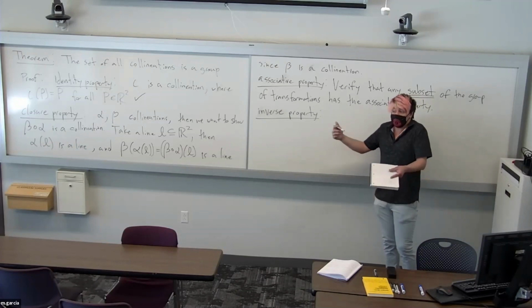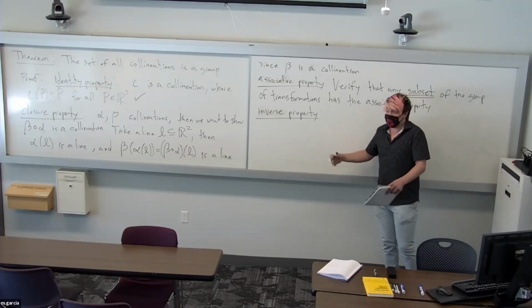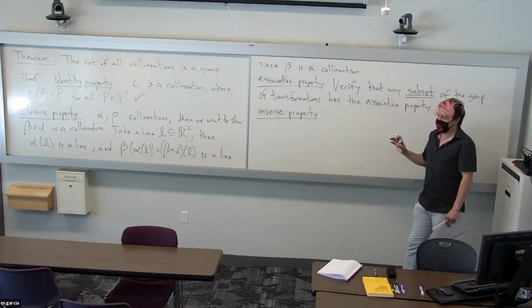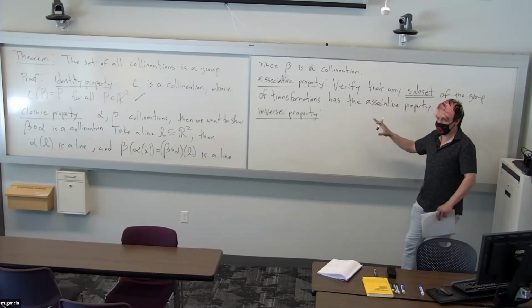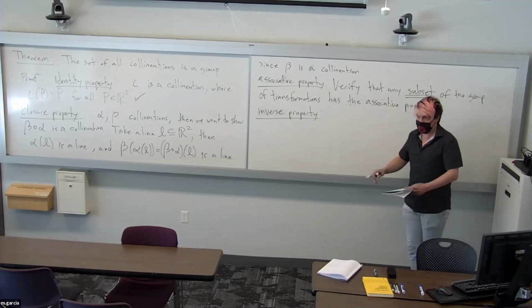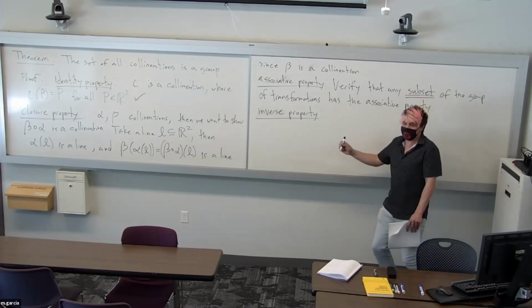But the spirit of what we want to do is show that for any given line in the plane, there exists a line in the plane that is mapped to our given line by alpha. I'm going to write this down. I'm just saying it in words first. That's why this actually takes a little bit of work.